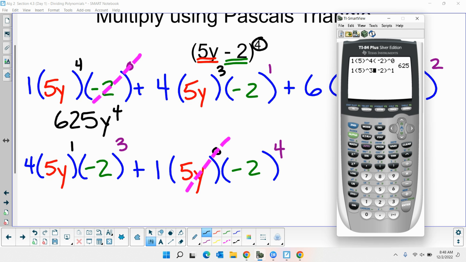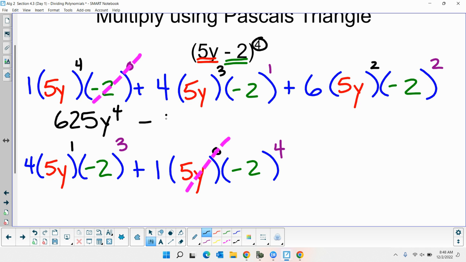And then I got to change that 1 to a 4 also. So I got 3 things to change. All right, so 4 times 5 to the 3rd times -2 to the 1st. That's negative 1,000. Y to what power? Third.